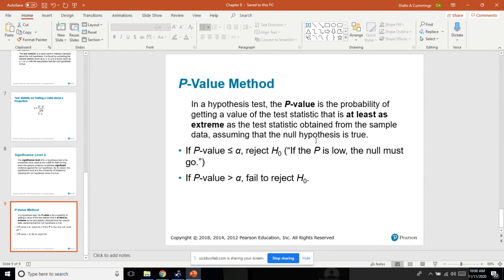So now we'll take a look at two examples. We'll take a look at one example where the statistics are given. We're given the z-score, we're given the p-value, and we'll make a determination about our null hypothesis. And then in the second example, we'll use the calculator to calculate the statistics and make our determination.